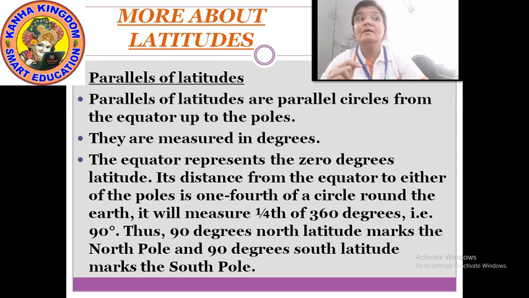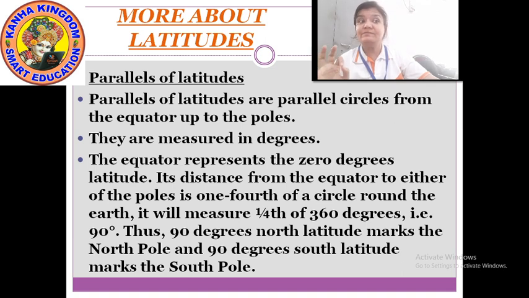So whenever the latitudes are being measured, they are being measured in degrees. Further, the equator represents the 0 degree latitude. Where the equator is situated on the globe, it is at 0 degrees.